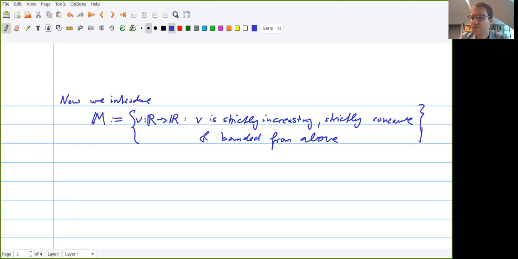So this is basically the class of utility functions we can plug in our optimization problem, and then we're able to solve it. So this is the set of JTs or utility functions that we care about. And now we also want to have two operators.